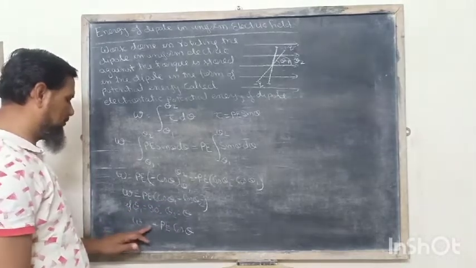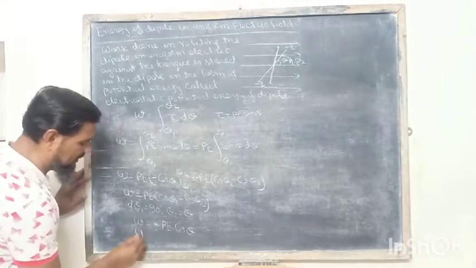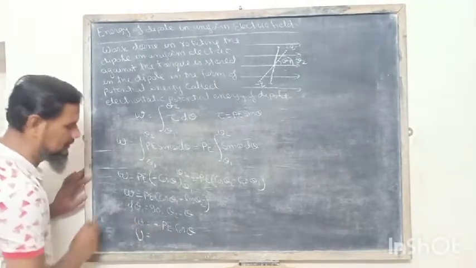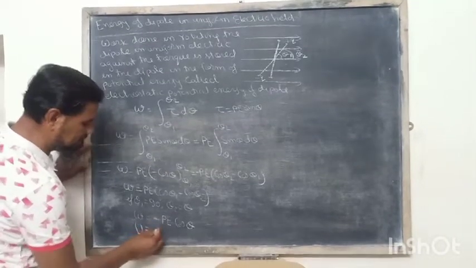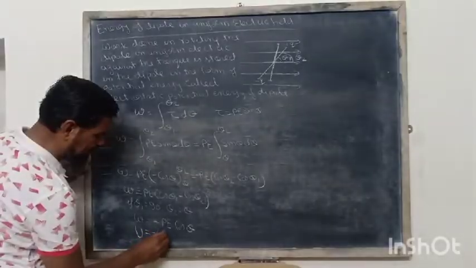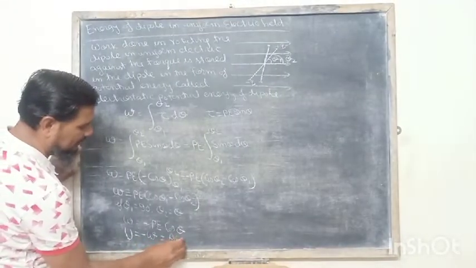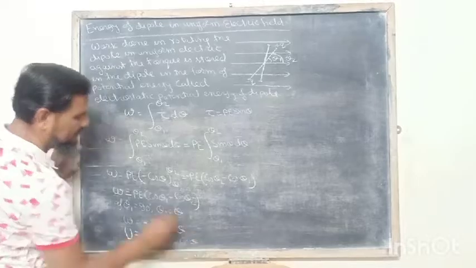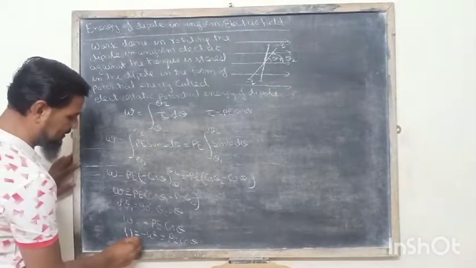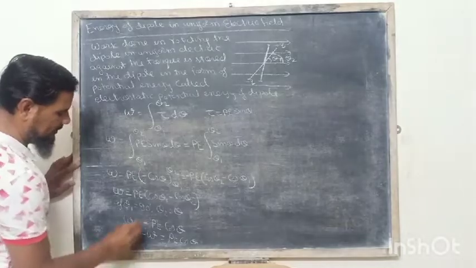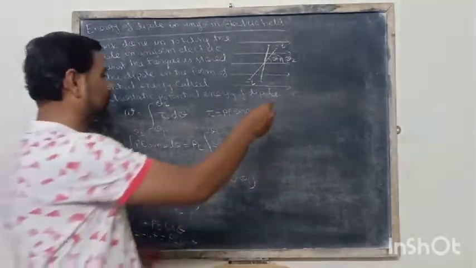And this is the potential energy of the dipole in a uniform electric field. U is equal to W, which is equal to minus pE cos theta. So this is the electric potential energy of a dipole in a uniform electric field of intensity E.